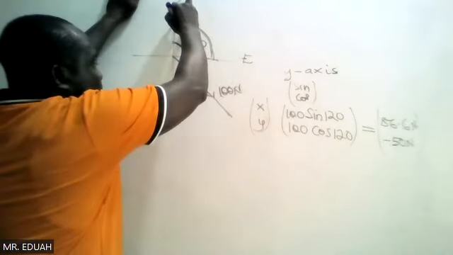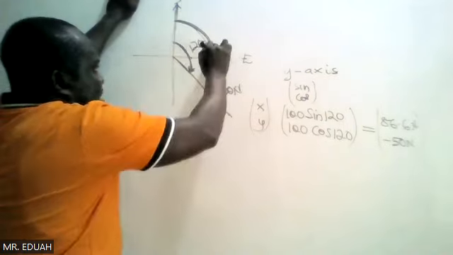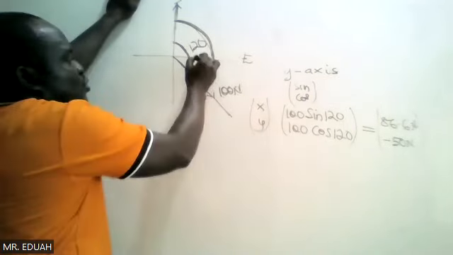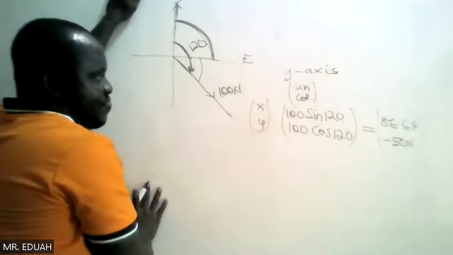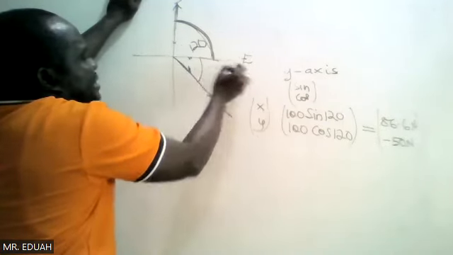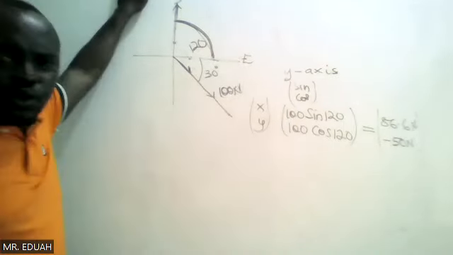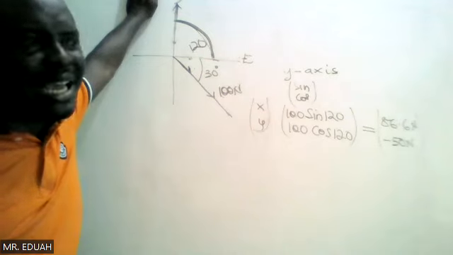What is this angle between the y-axis and then the positive x-axis? 90 degrees. So what will be this angle? 30 degrees. So the angle this force makes with the x-axis is 30. I can also use the angle it makes with the x-axis.